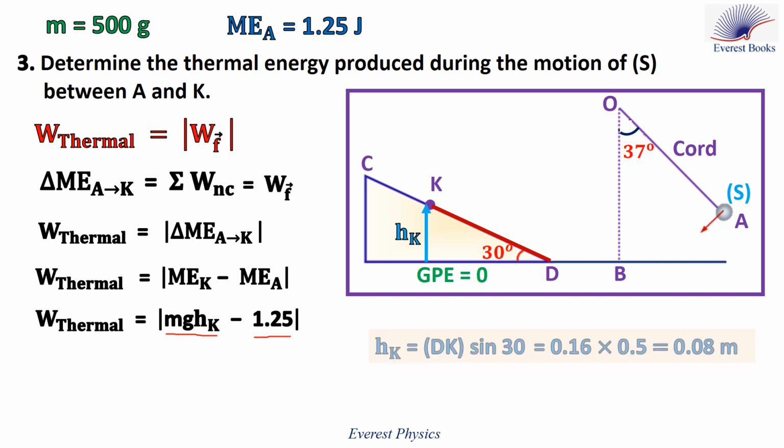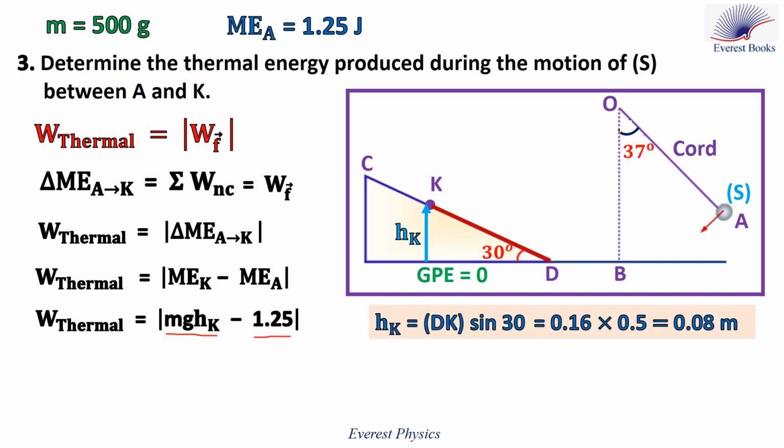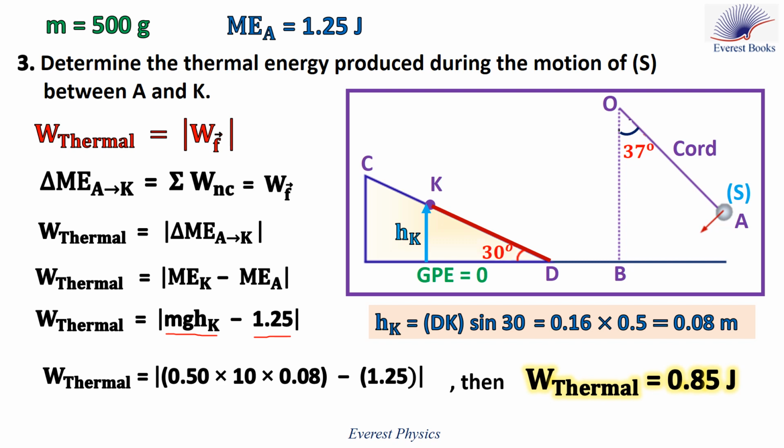But HK equals dk sine 30, proved in the previous slide. So HK equals 0.08 meters. Then replace m by 0.5, g by 10, and HK by 0.08. So the thermal energy produced between A and K equals 0.85 joules.